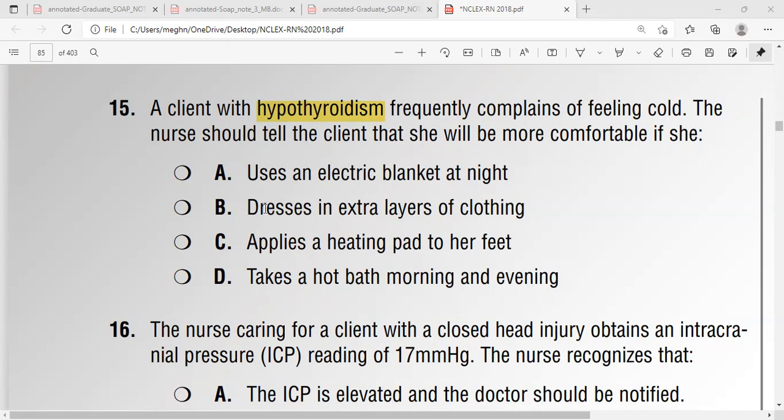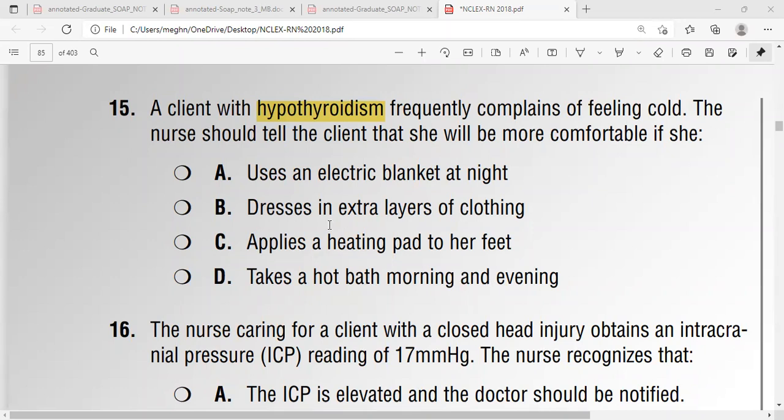Number B, dresses in extra layers of clothes. Number C, applies a heating pad to her feet. Number D, takes a hot bath morning and evening.